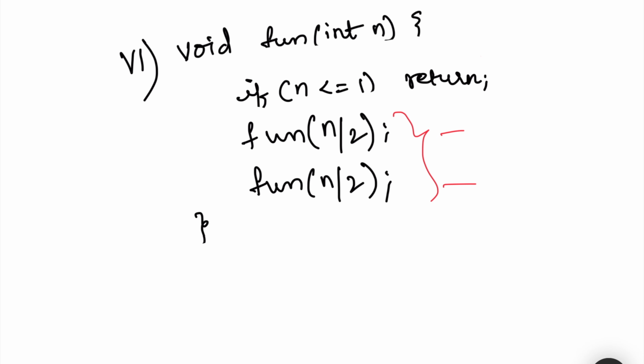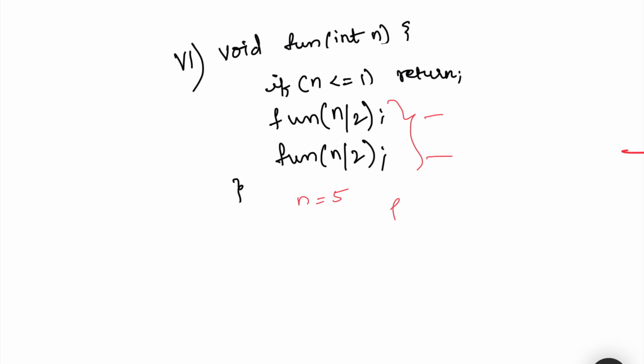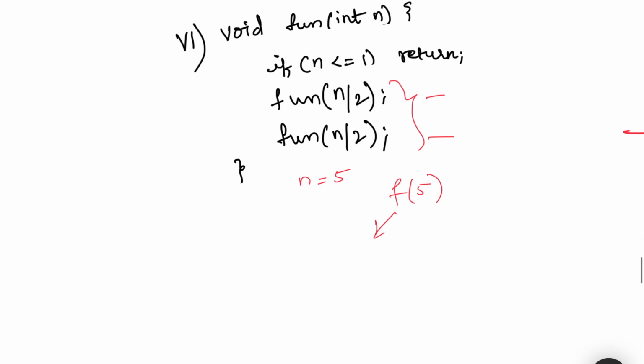So let's take a small example now. Let's take n equals 5. When n equals 5, first it checks the base condition, it fails, so it goes for f of 5 by 2, that is 2. This is executed now, and the other call is yet to be executed.